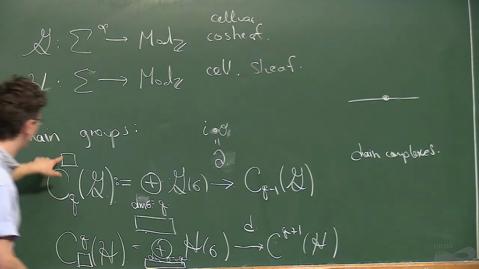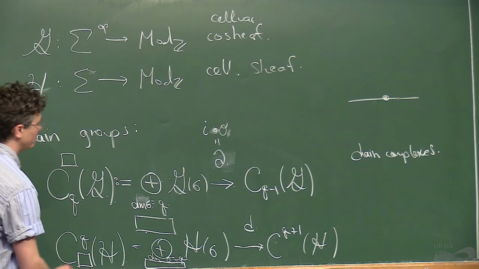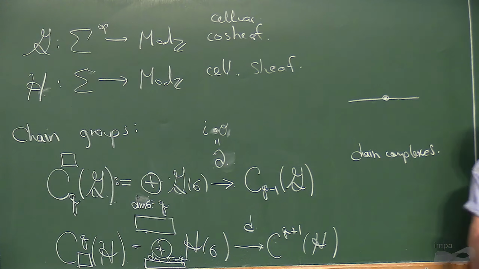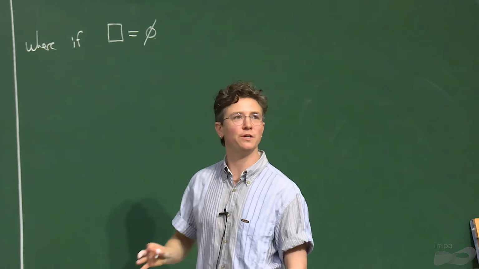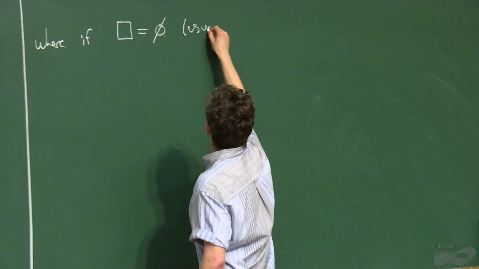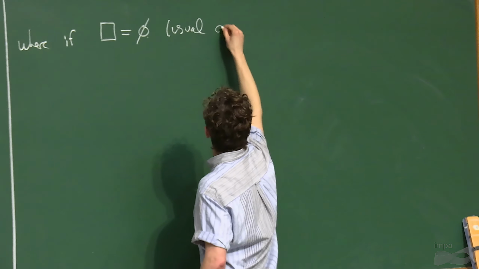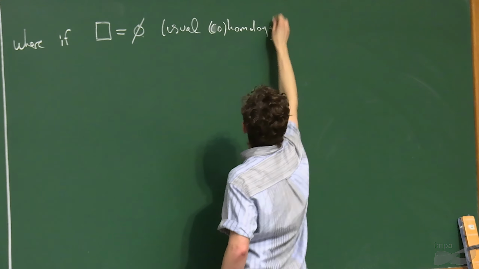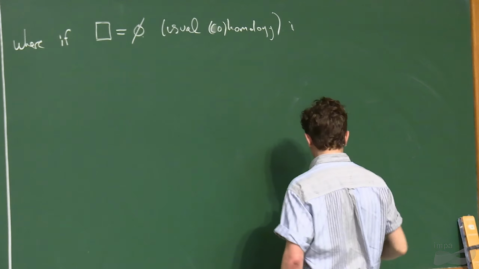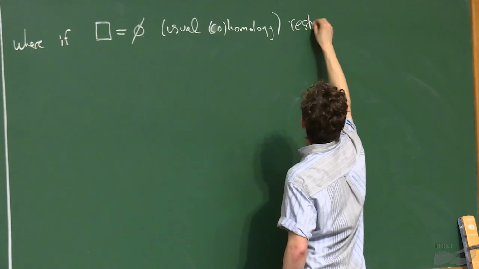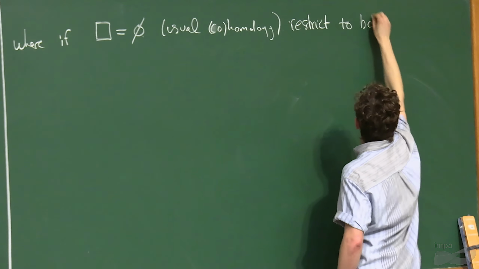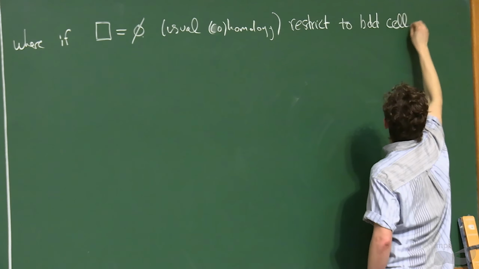So if we leave that blank so that we're doing the usual, then we restrict to bounded cells, or compact cells.